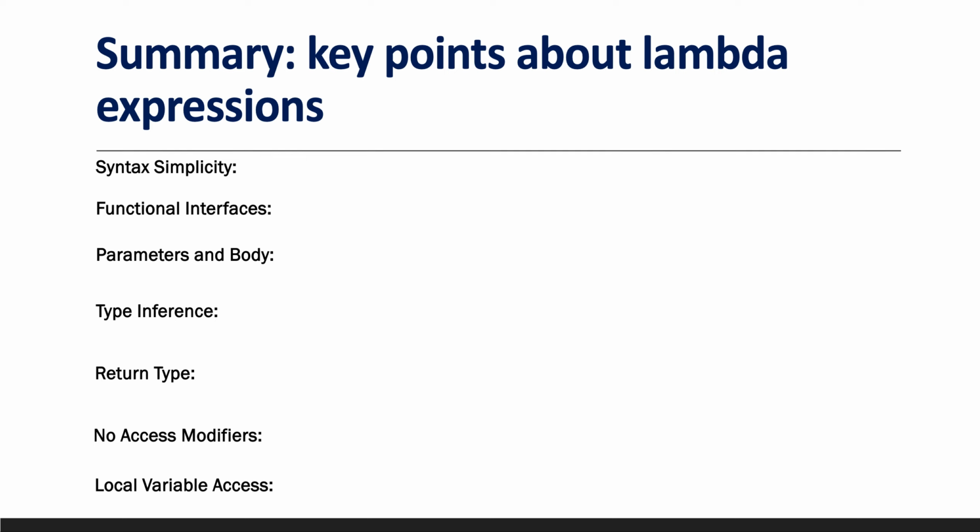The local variables that we can use inside the lambda expression can be either a final variable or an effectively final variable. An effectively final variable means a variable which is declared with some value and does not change or get modified by any statement. That is called effectively final, similar to a final variable. So inside the lambda expression, we can use either a final variable or an effectively final variable.